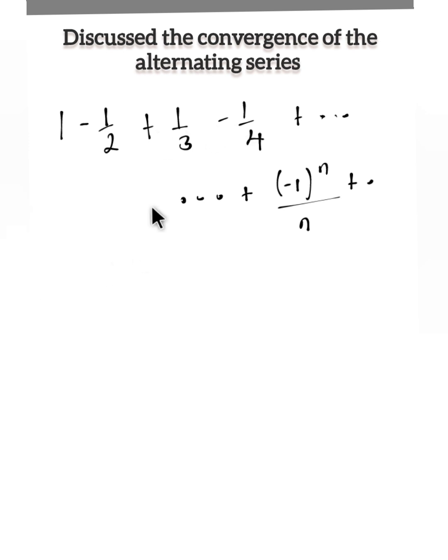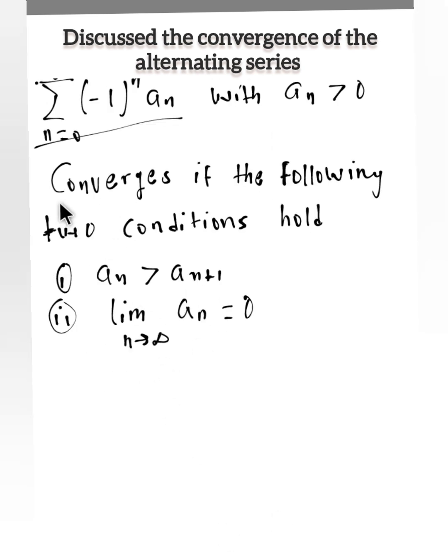Now, this particular series can be rewritten as the summation from n equals 1 to infinity of minus 1 all raised to power n, all over n. If we expand this, we're going to get this series back. Now, remember that from the definition we have something similar.